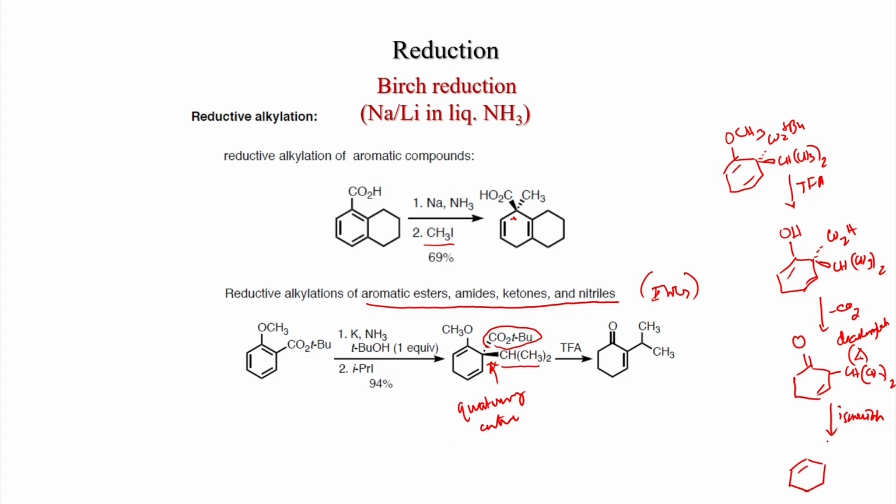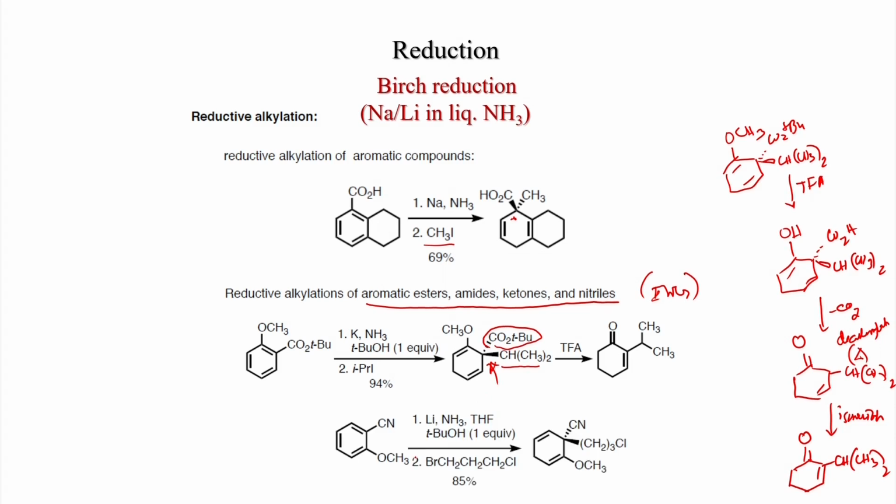So, you get this compound. The alpha beta unsaturated enone can be generated by reacting this ester with potassium, ammonia, tertiary butanol, then treating with 2-iodopropane, and this isopropyl substituted enone you can generate.